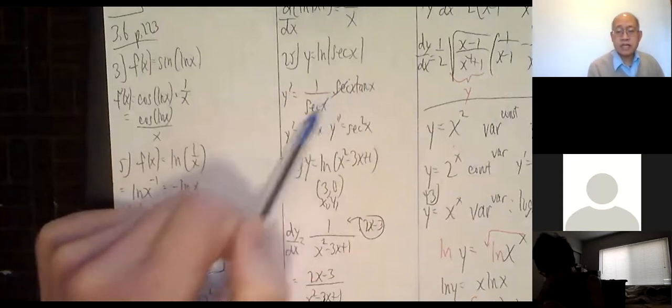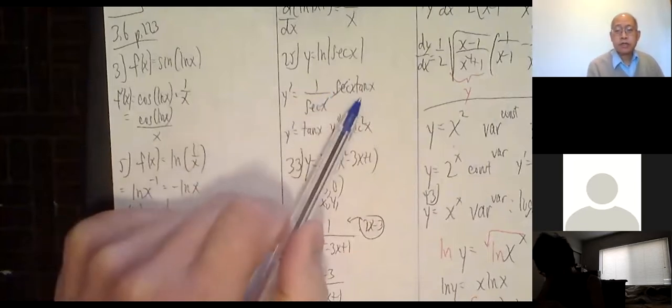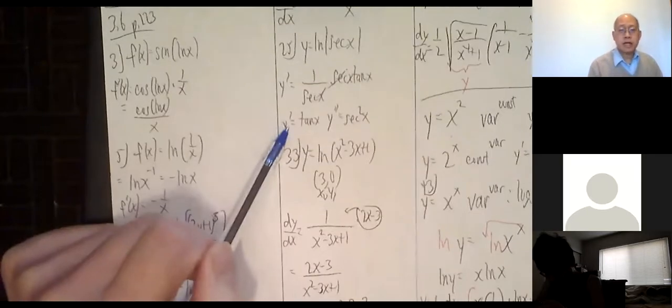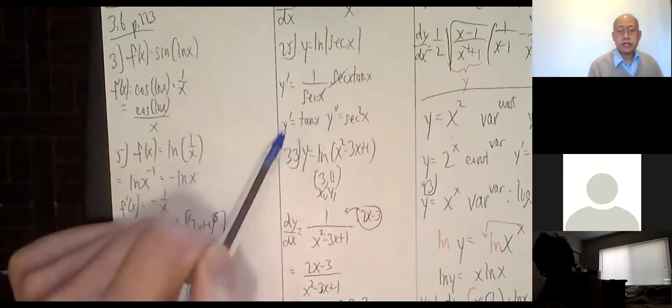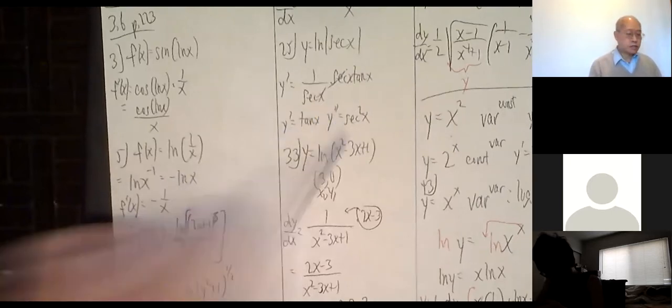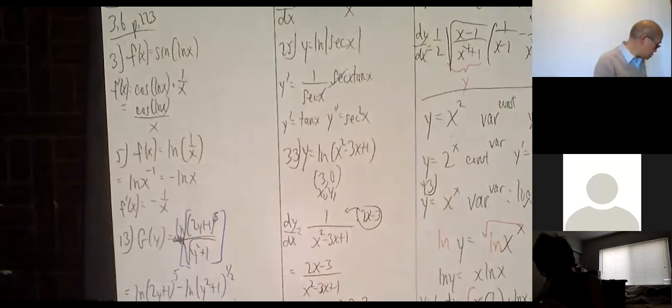Well, very conveniently, the secant x cancels out, so I just have tangent x. So y prime is tangent x. It asks for y double prime, so that's easy. Y double prime is just the derivative of tangent x, which is, again, secant squared x. So the answer is just secant squared x.